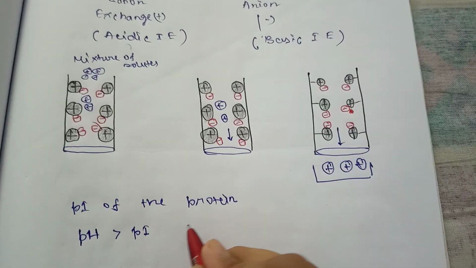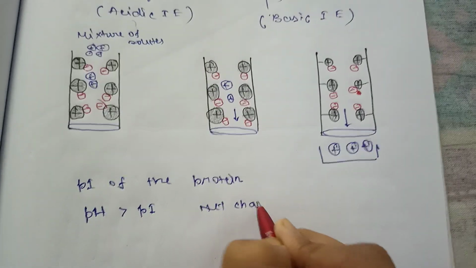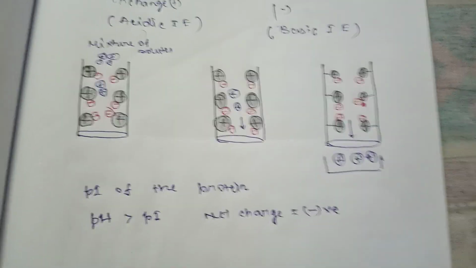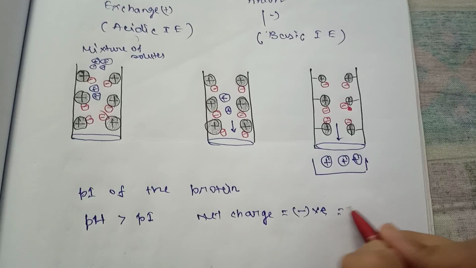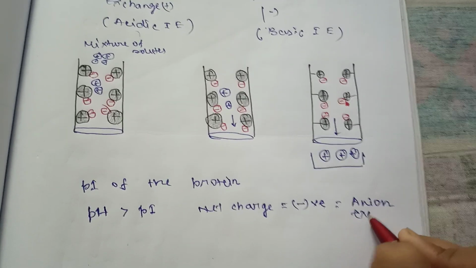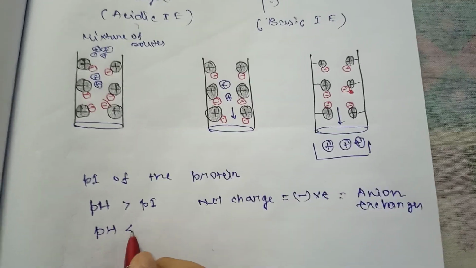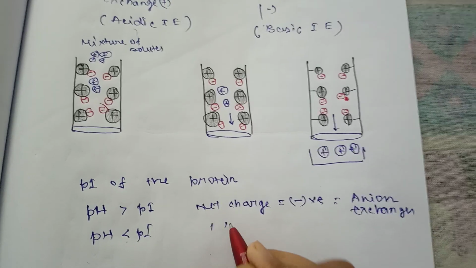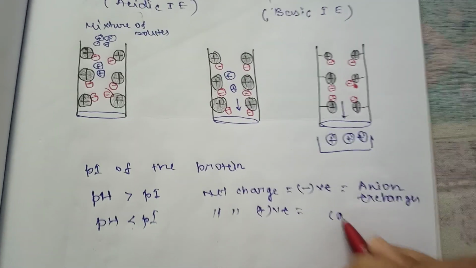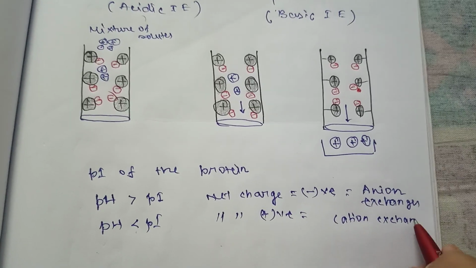Then the net charge will be negative, so we have to use the anion exchanger. Similarly, if pH is less than pI, the net charge will be positive, so then we will use the cation exchanger.